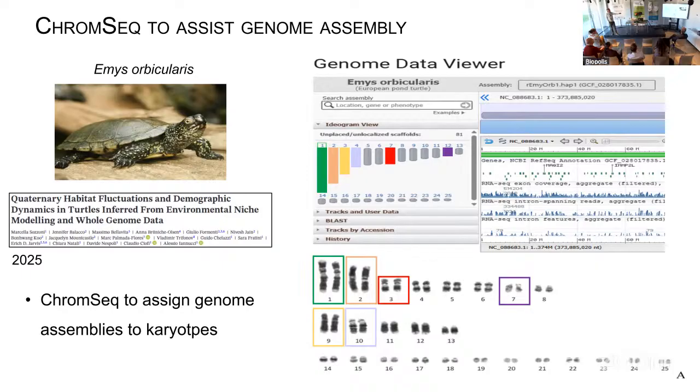And as I told you before, chromosome 7 does not correspond at all to chromosome 7 of our genome assembly, but actually is chromosome 12 of our assembly. And this made us do some considerations about the evolution of acrocentric and metacentric chromosomes in emydid turtles based on previous cytogenetic data of the group.